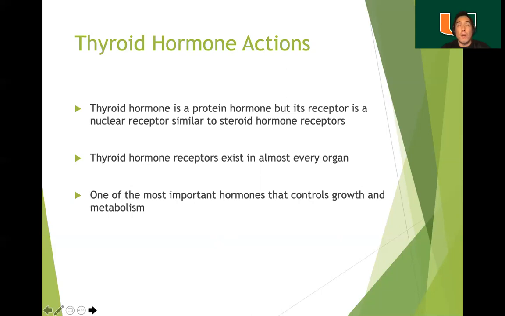I'm going to be asking that on the quiz as well: what type of receptor is the thyroid hormone receptor? The thyroid hormone receptor exists in almost every organ, so it's one of the most important hormones that control growth and metabolism.